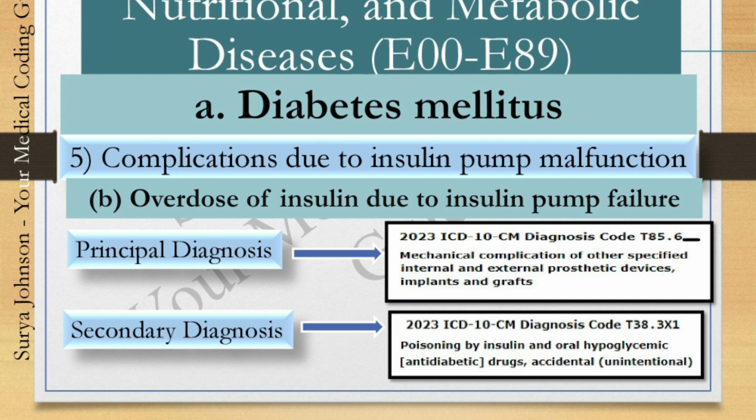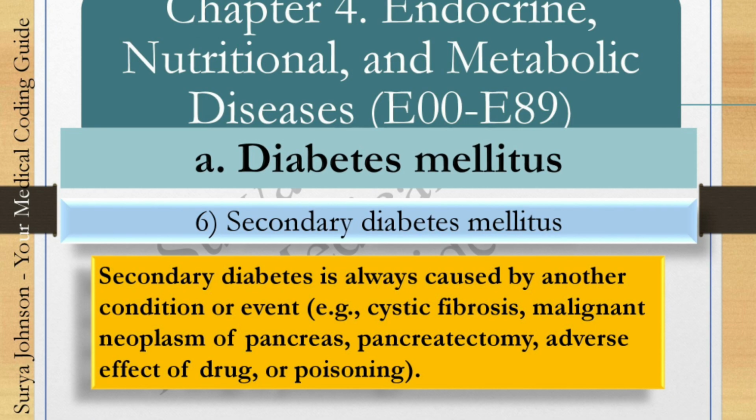The next one under diabetes mellitus is secondary diabetes mellitus, that is number 6. So what is secondary diabetes mellitus? We saw the diabetes mellitus, now this is secondary diabetes mellitus. Secondary diabetes mellitus means it is not the direct condition, it is always caused by another condition or event. Like the patient has another condition or a disease or a neoplasm or some effects of drugs or some poisoning.